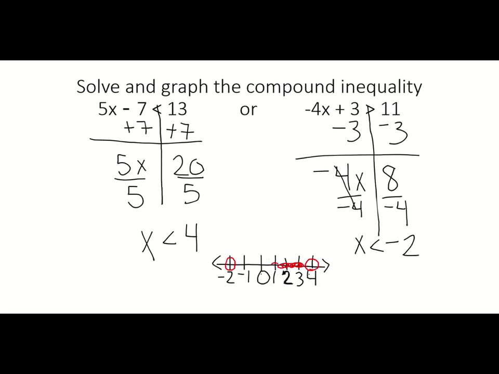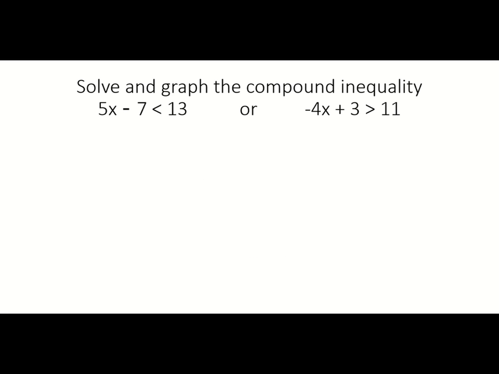Really, this is just like one big graph shaded all the way to the left. I don't actually have to put the open circle at negative 2 because the first inequality was x is less than 4, and if it's less than negative 2, then it of course is still going to work.